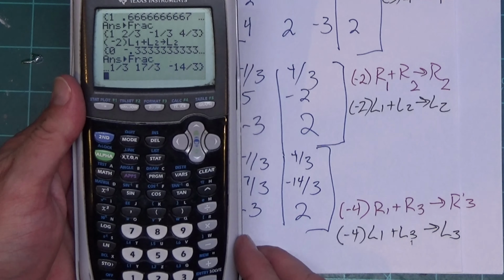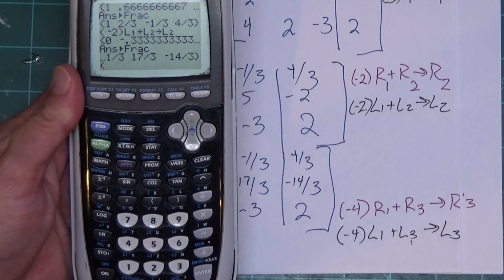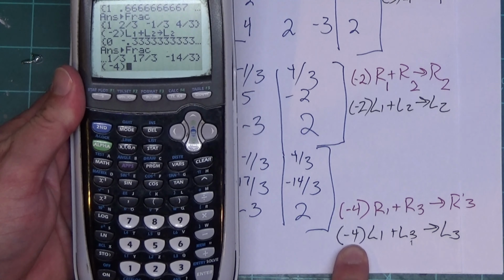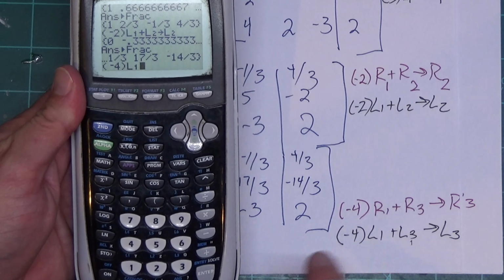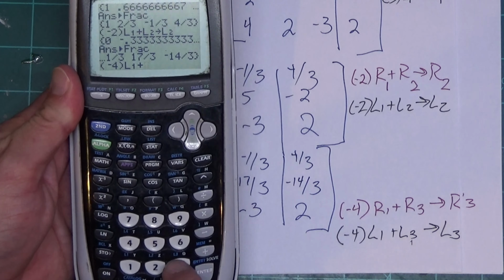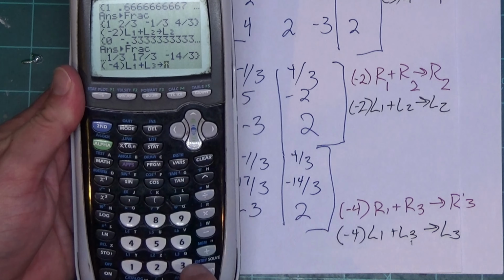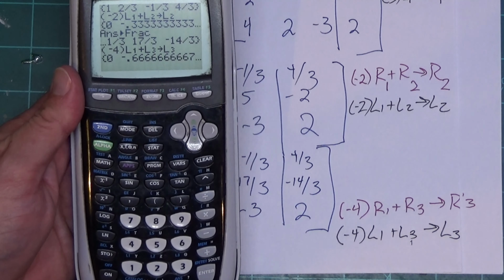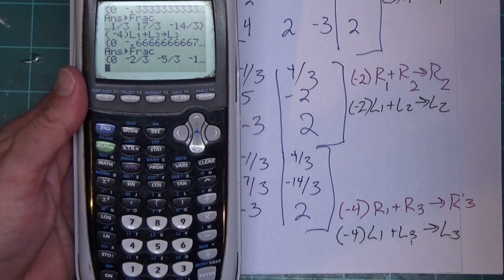What I want to do is parenthesis, negative 4, close parenthesis. So I'm matching this. I'm going to hit second 1, that gives me the L1, plus second 3 for the L3. I hit the arrow button, I hit second 3, and then I can press enter. Then I'm going to have to hit math, enter, enter, to get that to fractions again.